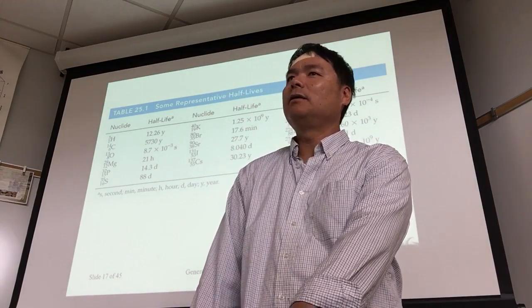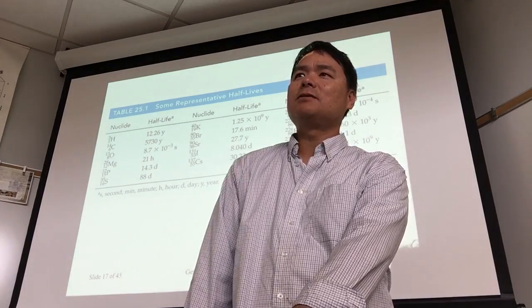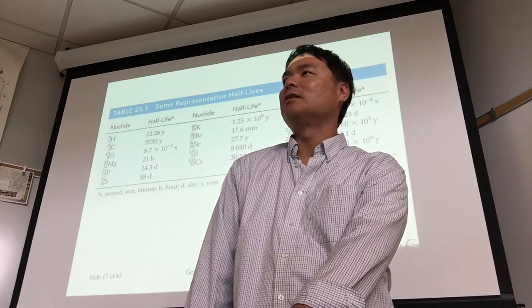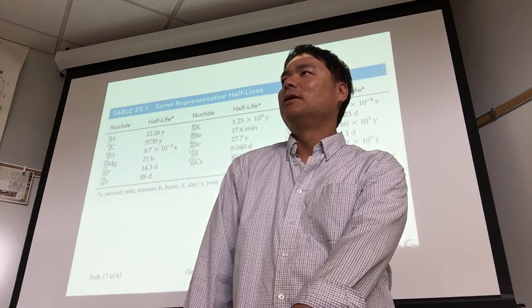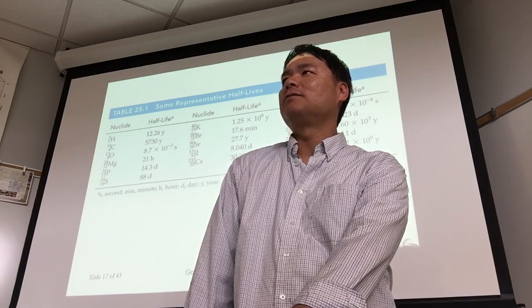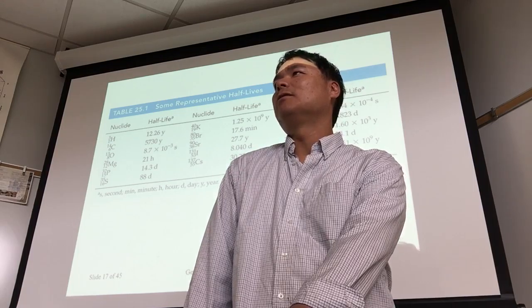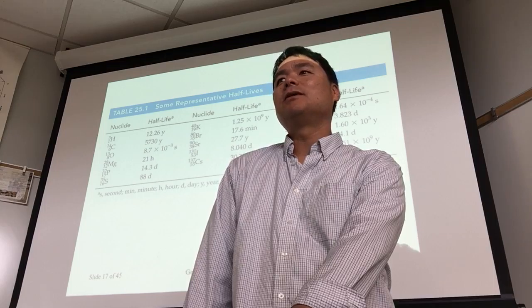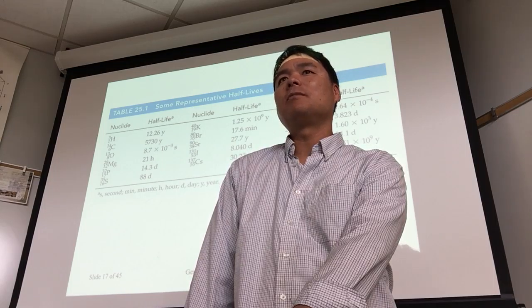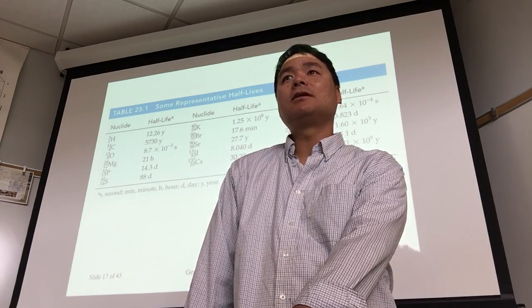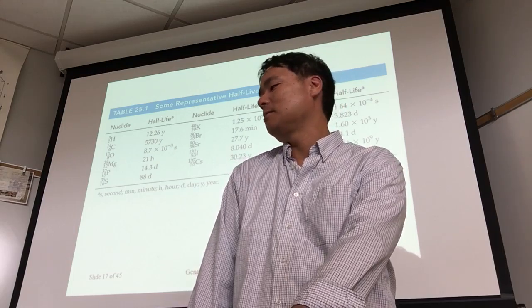I'd like to ask an up-to-date theoretical nuclear physicist or nuclear chemist, can you predict the mass for me so we don't have to measure the mass by mass spectrometer?